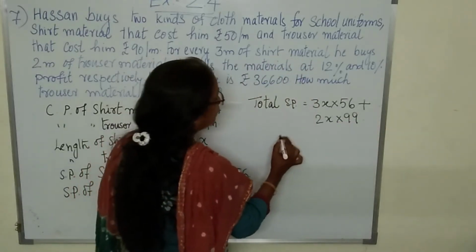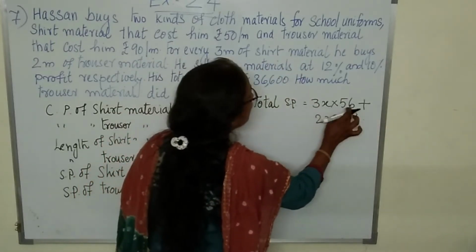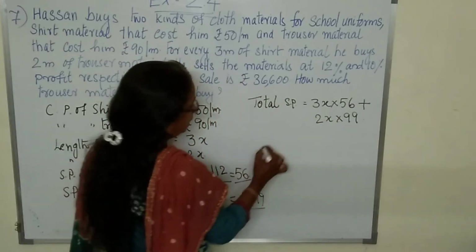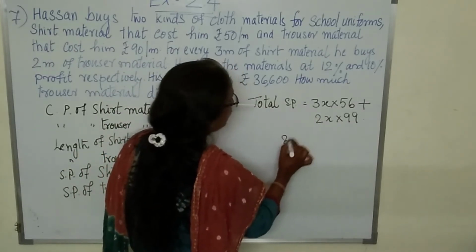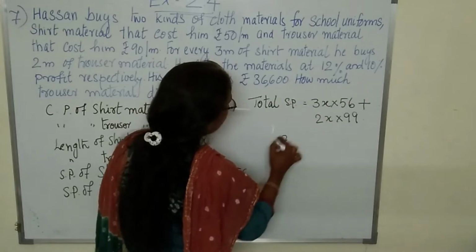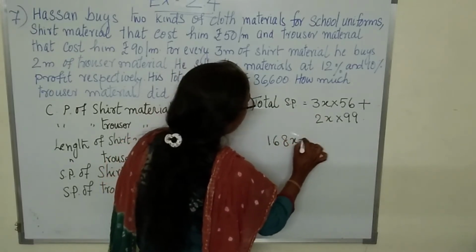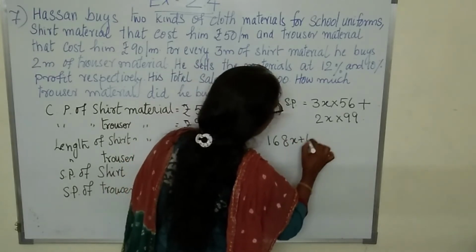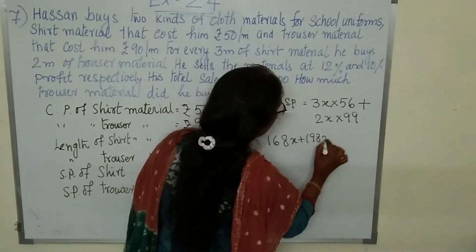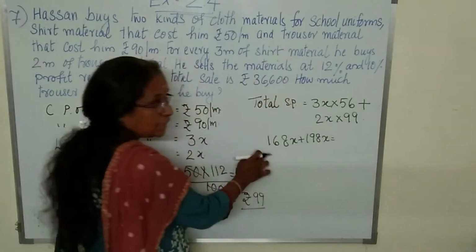Let us multiply 56 into 3: 6 threes are 18, 5 threes are 15, plus 1, 168x, plus when you multiply this, 198x. This is the total SP.